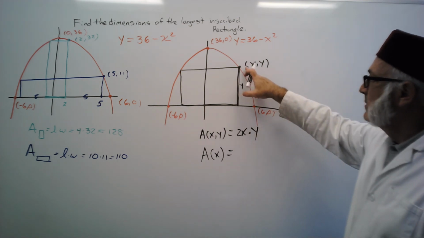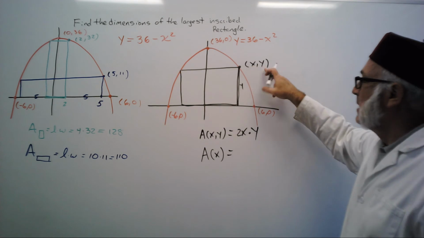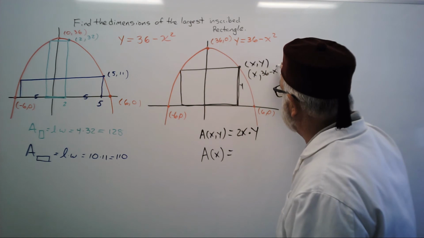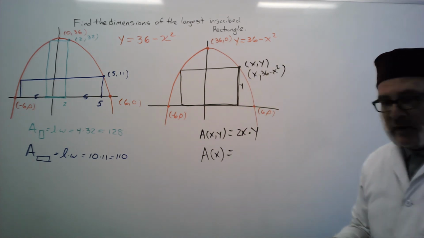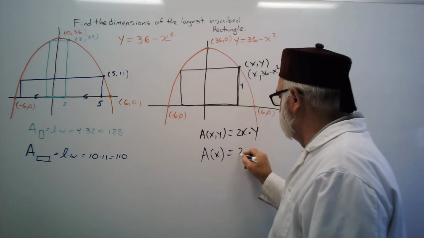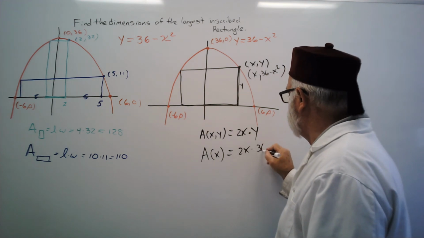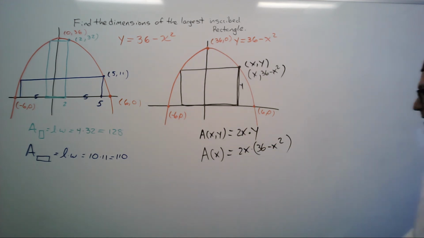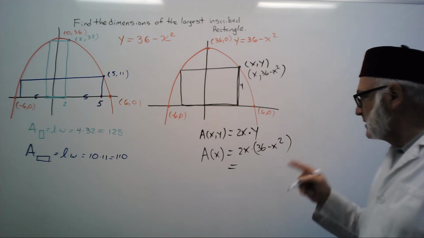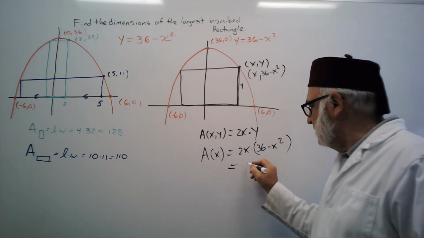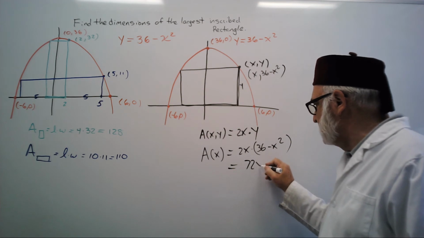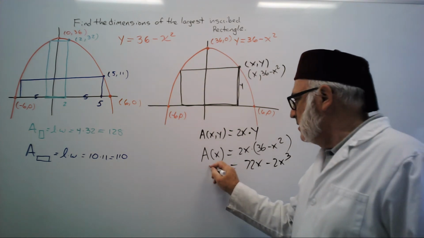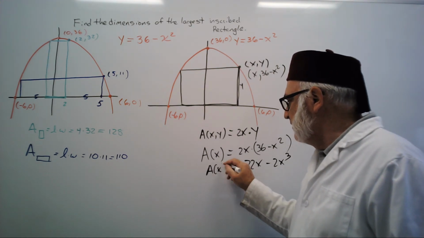So this point is (x, y), but it is also (x, 36 minus x squared). So the area of the inscribed rectangle is 2x times (36 minus x squared), and make sure that's in parentheses, please. If we distribute the 2x, 36 times 2 is 72, so this becomes 72x minus 2x cubed. And there you go, there is our area function.